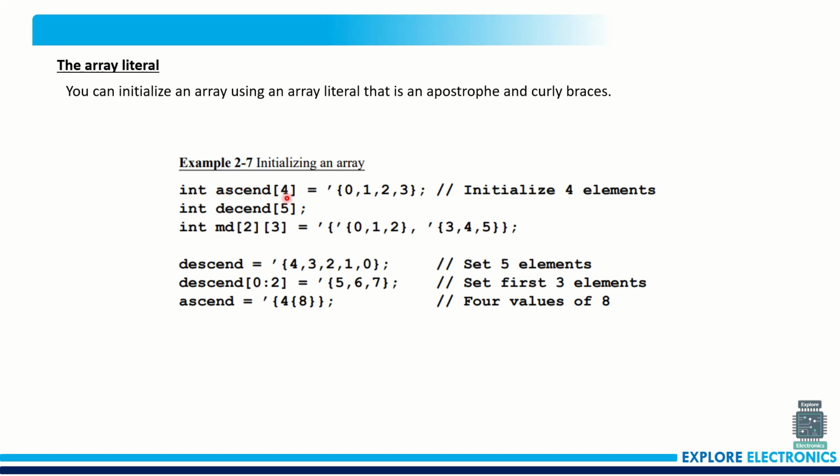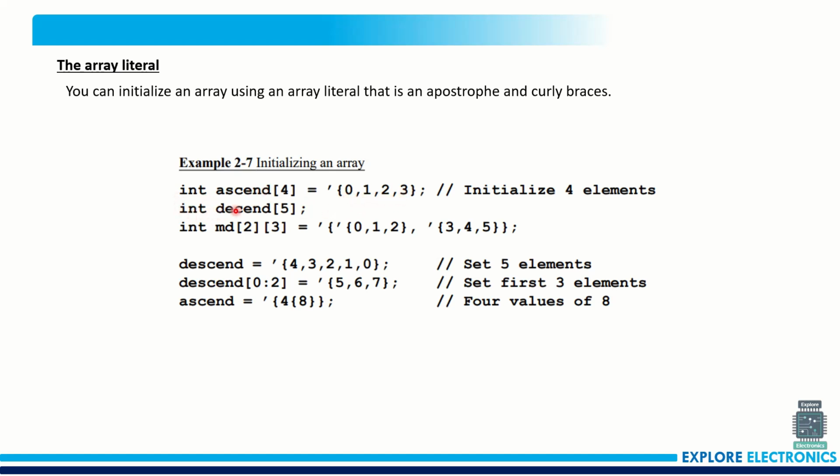Ascend[4] means we will have 4 elements. To initialize this array, we need to use an apostrophe, and then within the curly braces we provide the values. So the 0th element will have 0, the first element 1, the second element 2, and the third element 3. This is how the 4 elements of the ascend array are allocated these values.